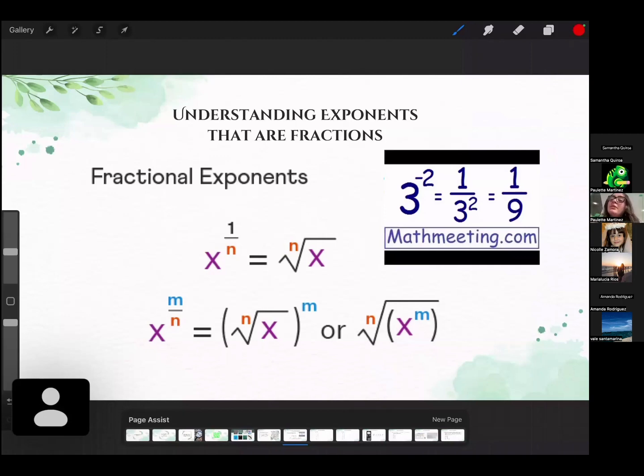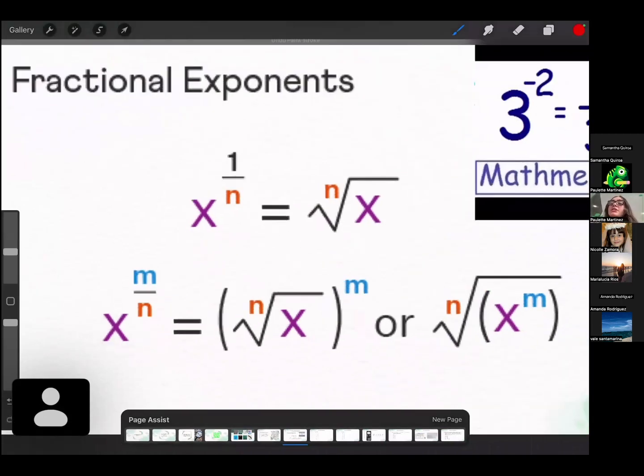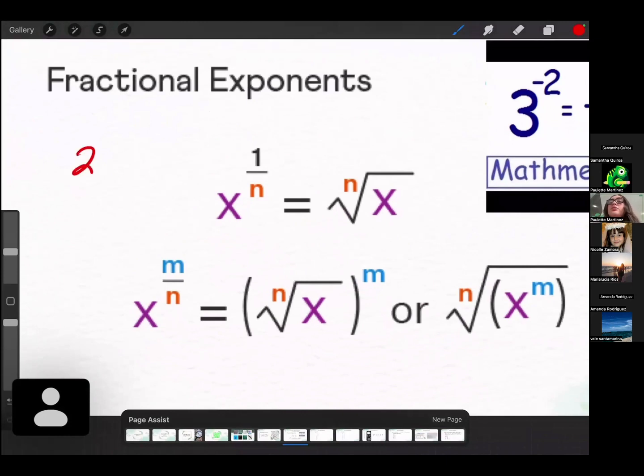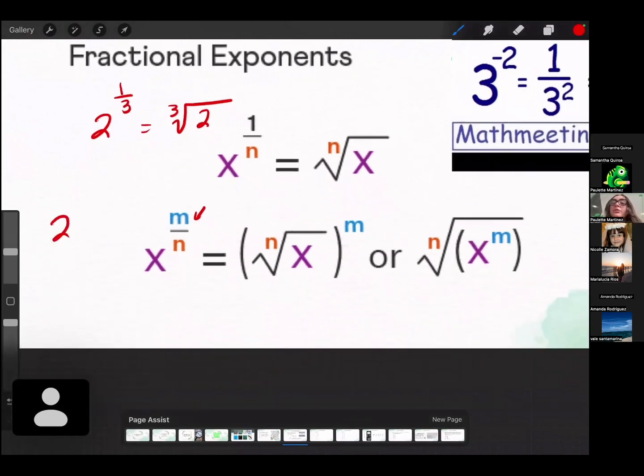Let me show you this. You see this over here. Let me give an example. If you have 2 to the power of 1/3, that is the same thing as saying the cube root of 2, and it's going to help you a lot. We actually have a question coming up that is this. But then you see this one over here where you have an m. Let's say it was 2 to the power of 2/3.